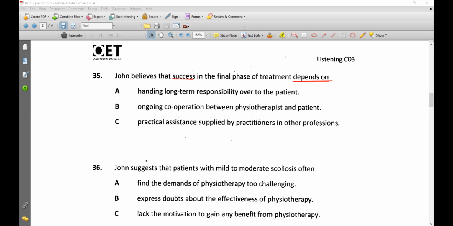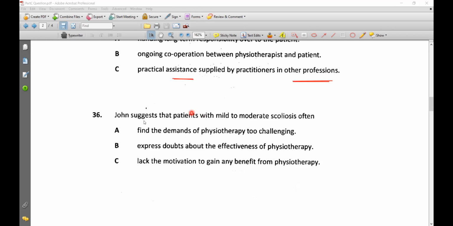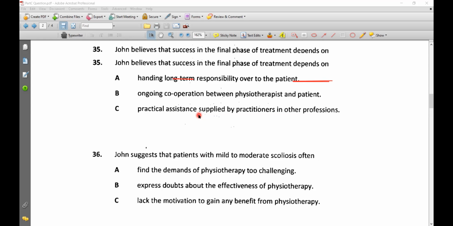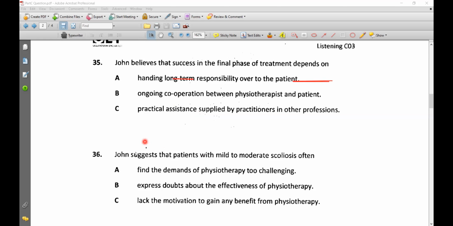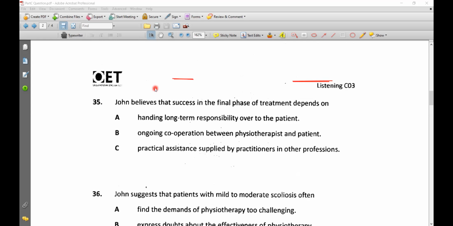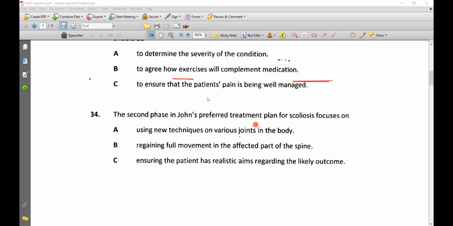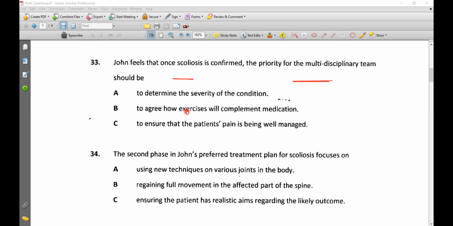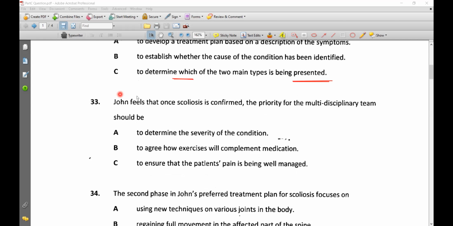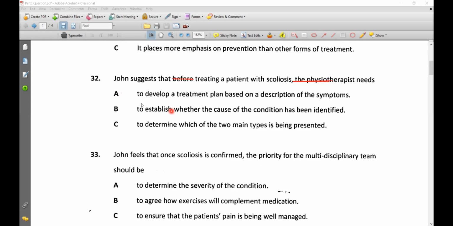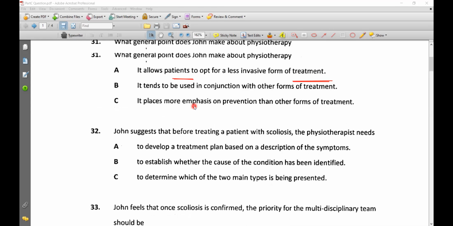And finally, the last question says, suggests that patients with mild to moderate scoliosis often what? So if you see, the majority of the questions are saying suggests, believes. You can see John's preferred treatment plan. You can see John feels that, John suggests that.